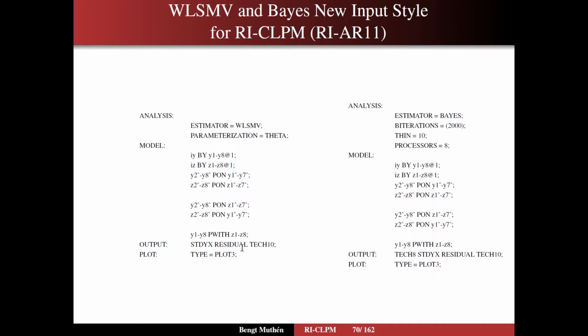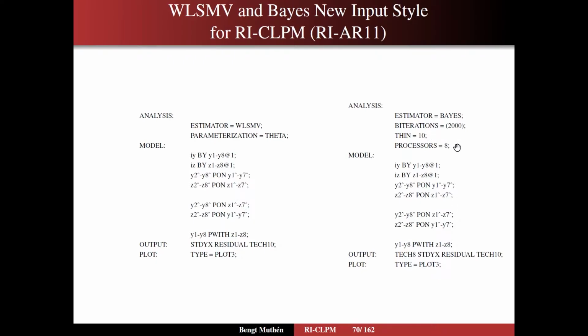We want to look at the residual, and to get information about the response pattern fit and bivariate table fit, we need to add TECH10. For Bayes, you change the estimator to Bayes, and typically for bivariate models you want to have at least 2,000 iterations, maybe I use 5,000 quite a lot, and a little bit of thinning, that is only reporting every 10th iteration to get values in the MCMC process that are less correlated.